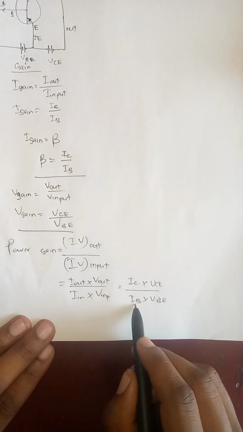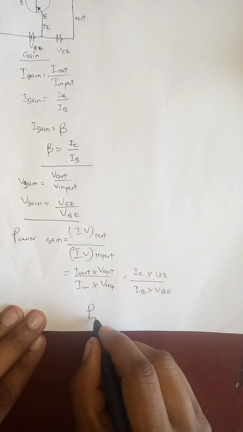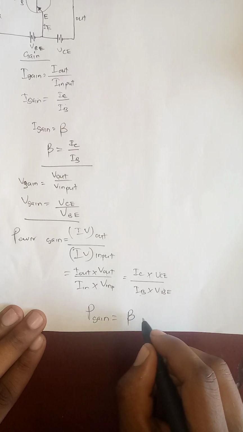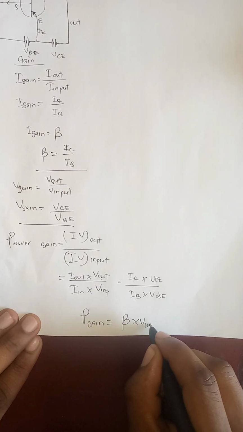Also we know what this one is. This is beta. So power gain is equal to beta times voltage gain.